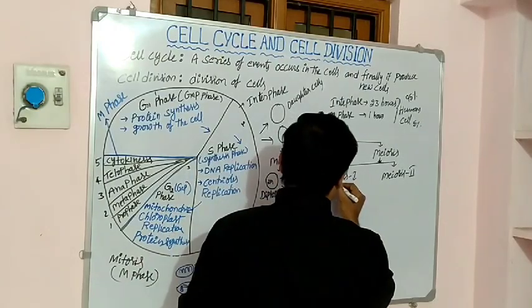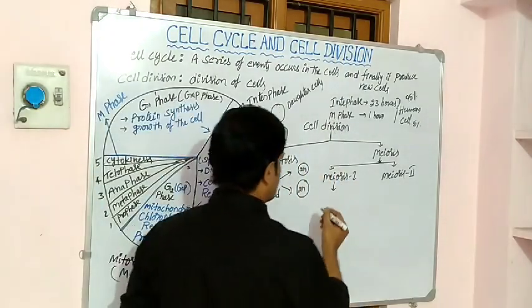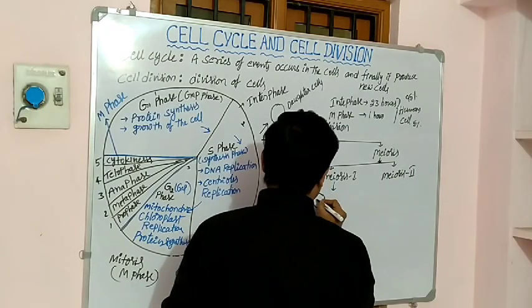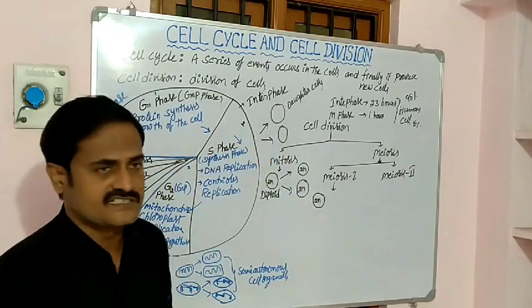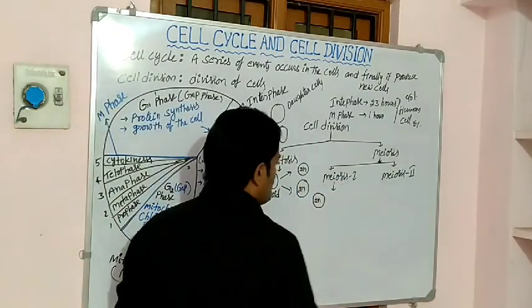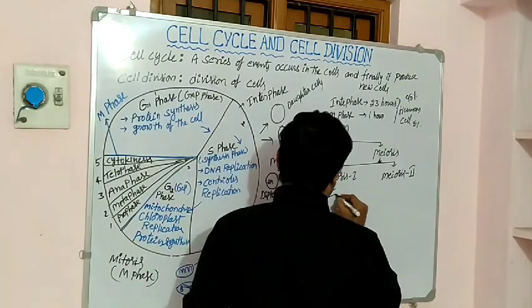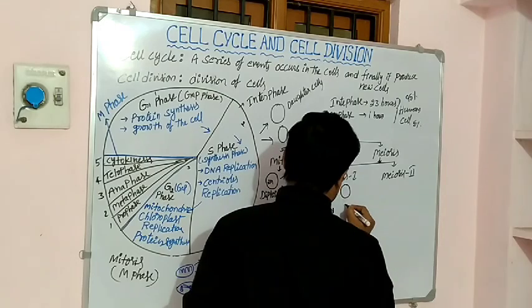Okay, what will happen in meiosis 1? During meiosis 1, this is one diploid cell, a 2n cell. In meiosis 1, one diploid cell produces two haploid cells like this.